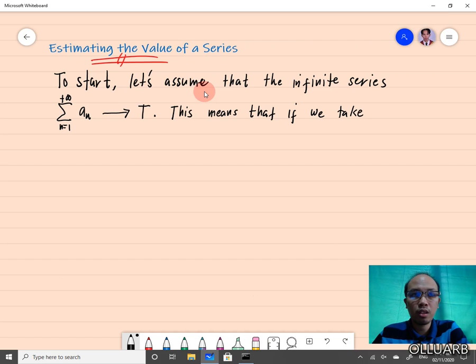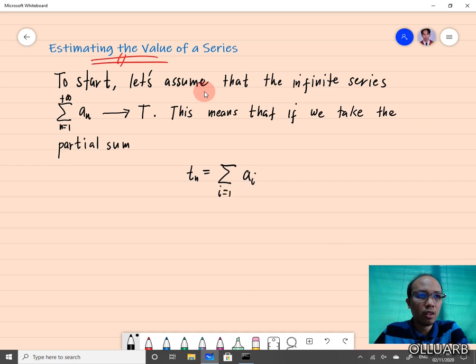If you recall our lesson number 3, if we take the partial sum, remember this notation, t sub n, the summation of a sub i, where i starts from 1 up to n, then this will form a convergent sequence.